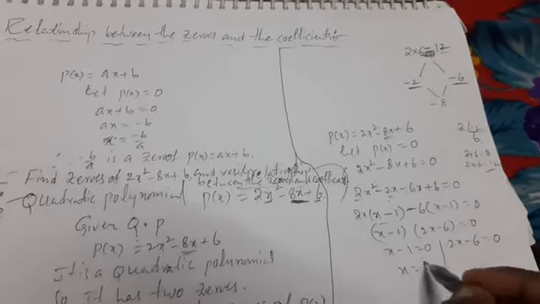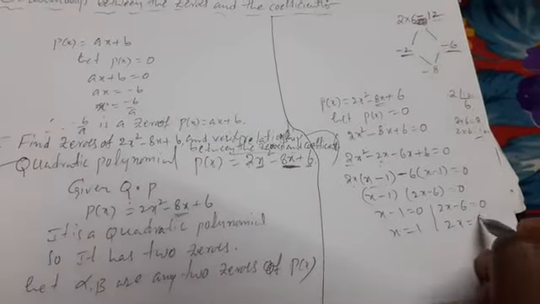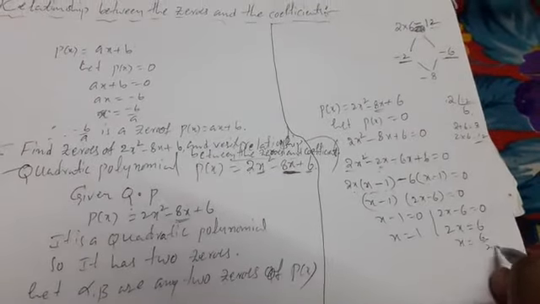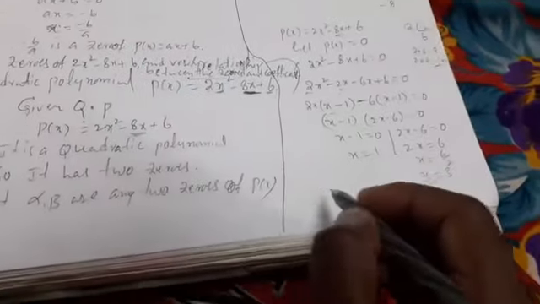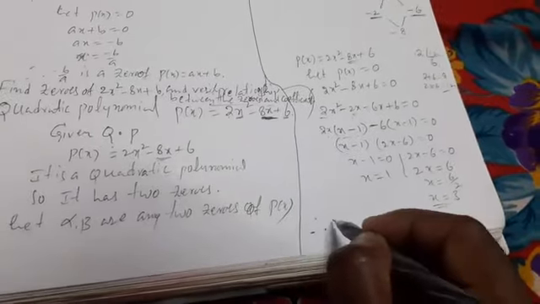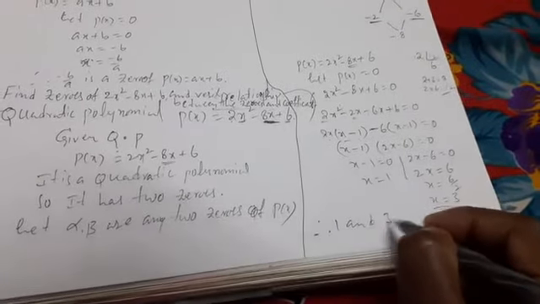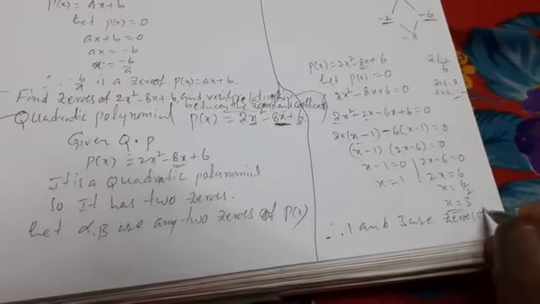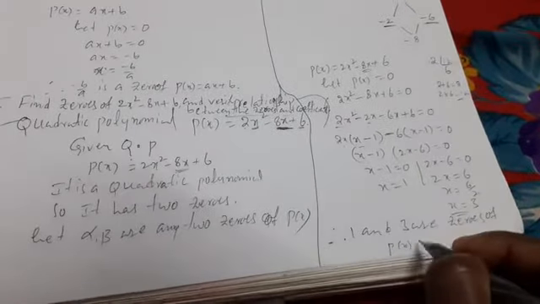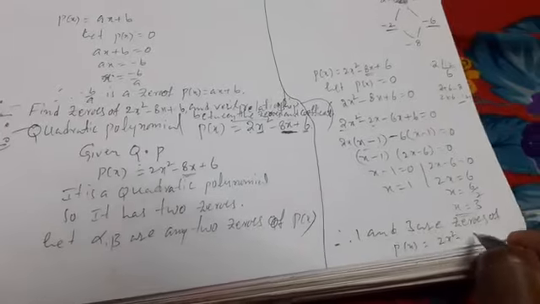So x is equal to 1 and 2x is equal to 6, x is equal to 6 by 2, x is equal to 3. So how many zeros did we get? We got 2 zeros. Therefore 1 and 3 are zeros of p of x. What is that? 2x square minus 8x plus 6.